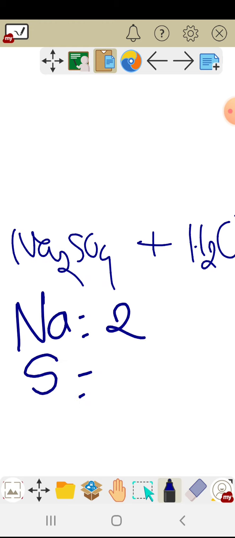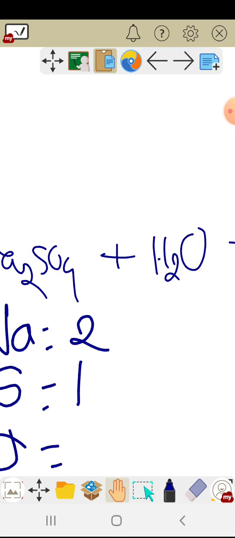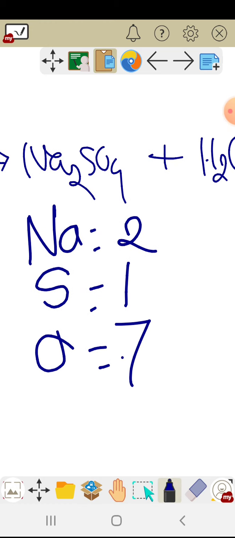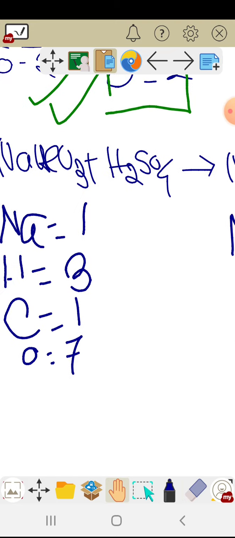S is only 1. Oxygen is 4 plus 1, 5 plus 2, 7, right? Oxygen is 7. Carbon is how much? Only 1. So now compare these LHS and RHS and see which is not balanced.